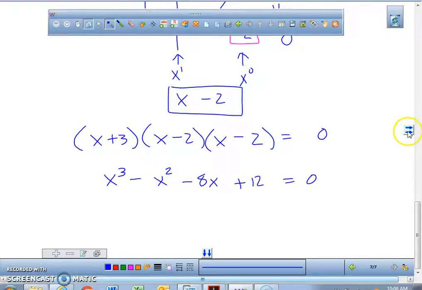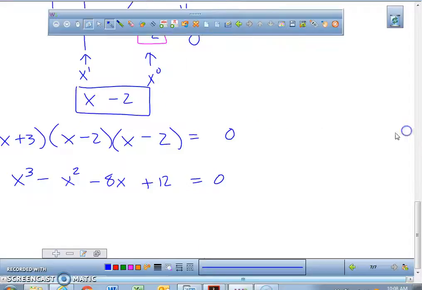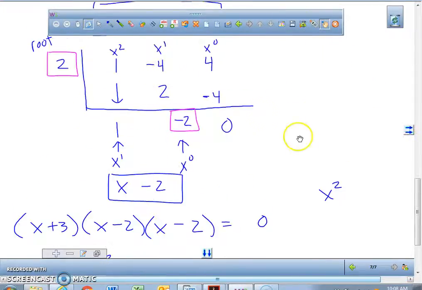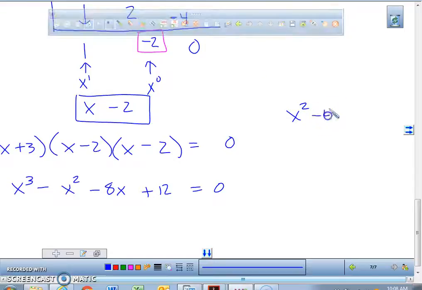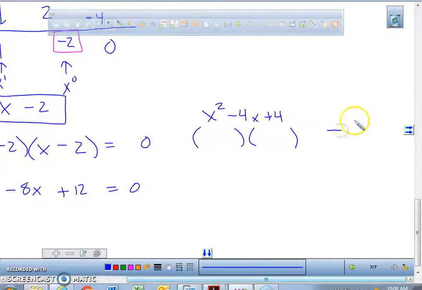Now some of you had the question about x squared minus 4x plus 4. Technically, this is a trinomial, a perfect square trinomial. This can factor.